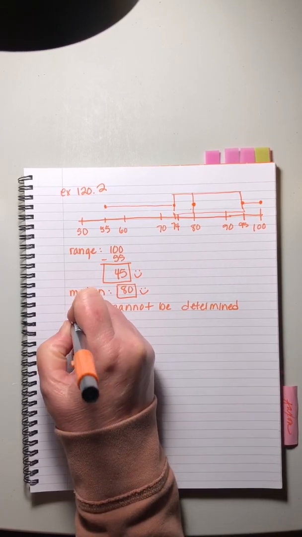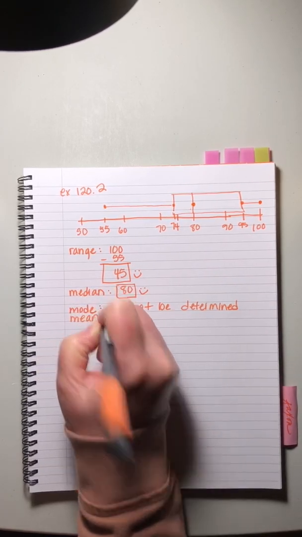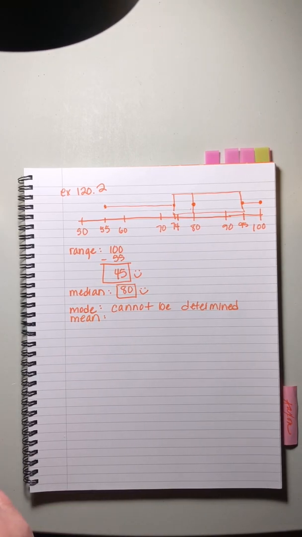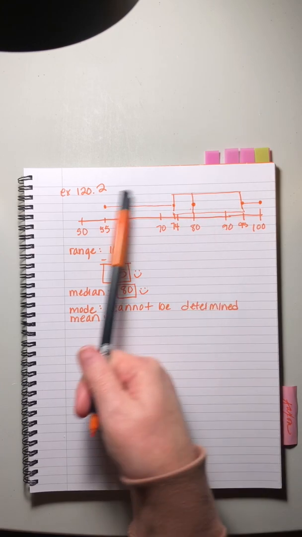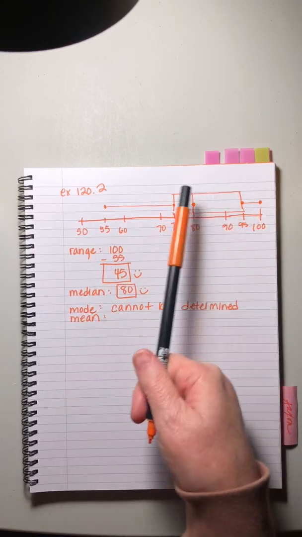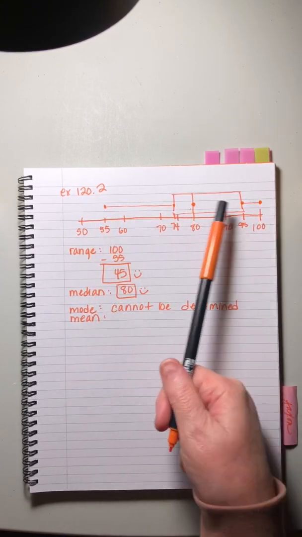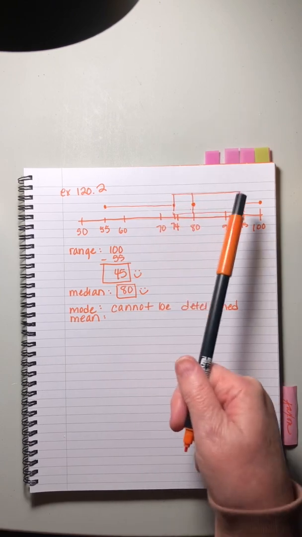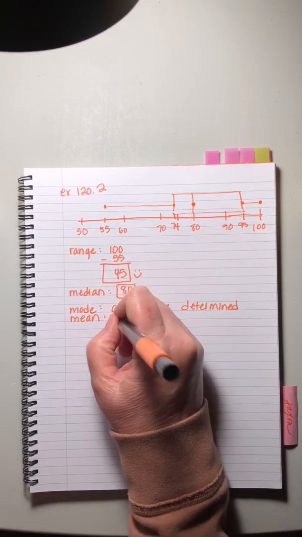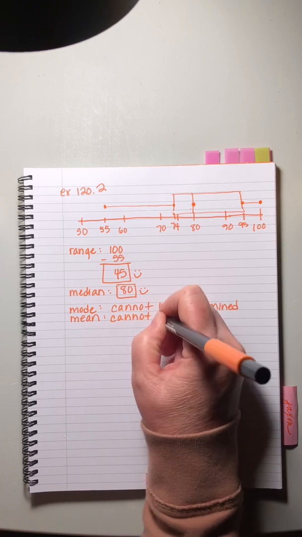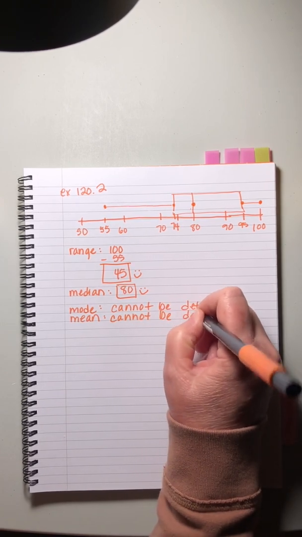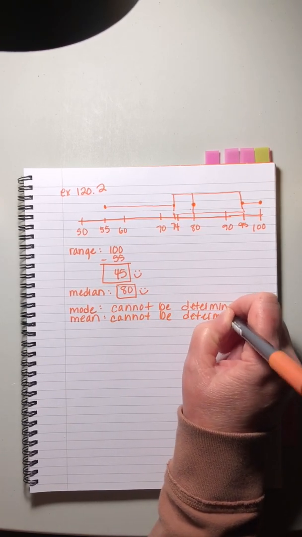And again, for the mean, to find the mean, you add up all the individual scores and then divide by the total. We don't know the individual scores. We just know this picture that tells us about the least, the greatest, first quartile, median, third quartile. So this one also cannot be determined.